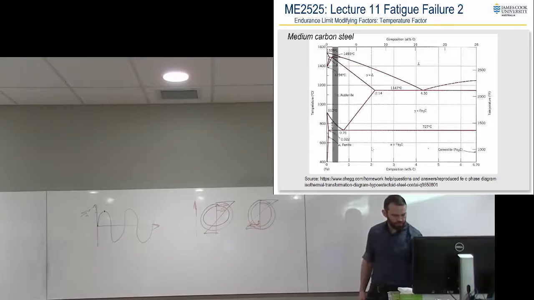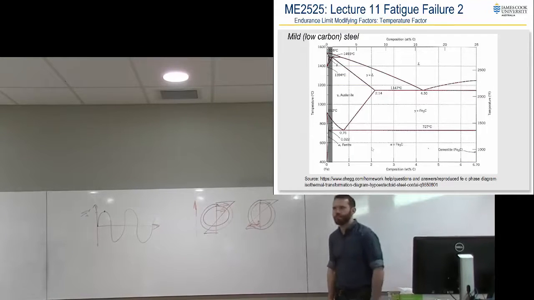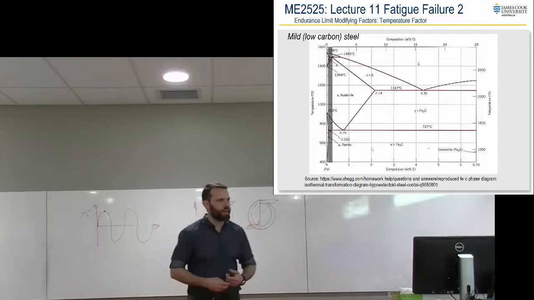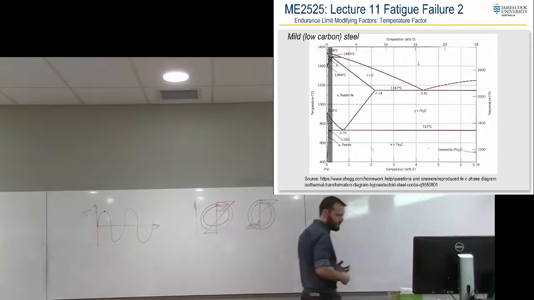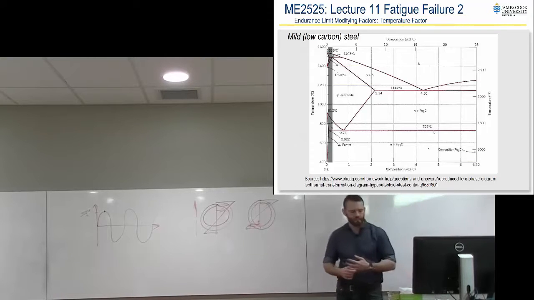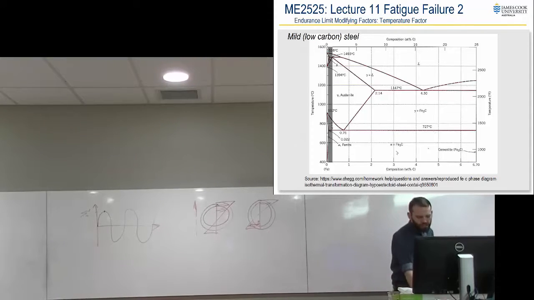Have you guys done materials? Do you know the phase change diagrams for steels? So I've got one on the board there. Look at that line. The horizontal line there is at 727 degrees Celsius. So conceivably up to 727 degrees Celsius, your crystalline structure's changed entirely. But if we look over here on the left, this is our mild steel, which is about 0.05% to about 0.25% carbon content, and you see you've got this diagonal line coming up there.